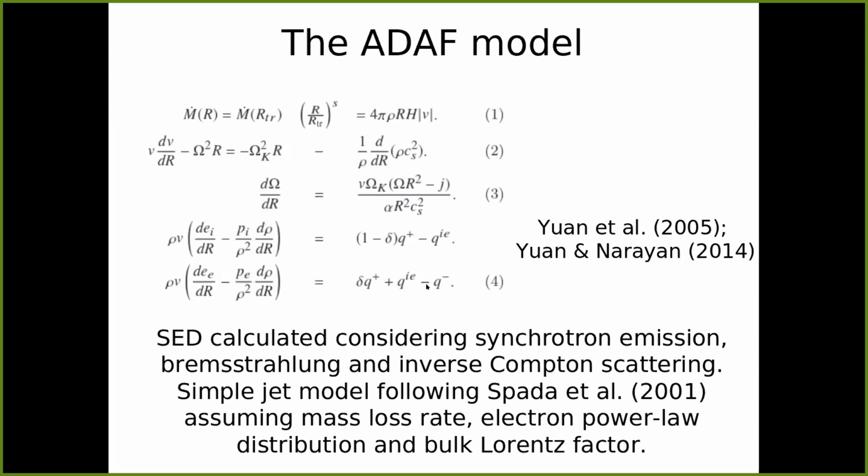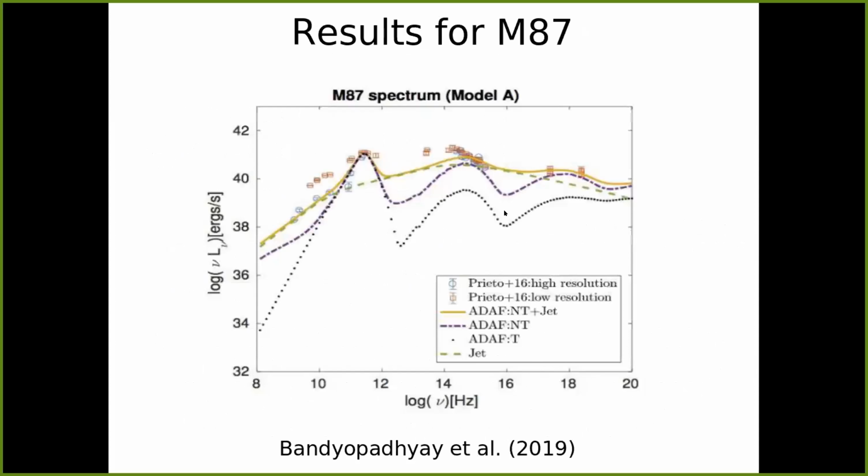These equations include loss processes for the thermal energy, so we include synchrotron emission, Bremsstrahlung, and inverse Compton scattering. And what we also included in the computation of the spectra is a simple jet model, where basically we assume a mass loss rate, an electron power law distribution, and a bulk Lorentz factor to estimate the jet emission.